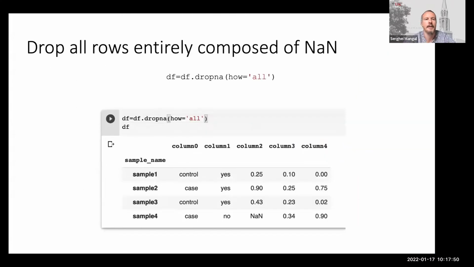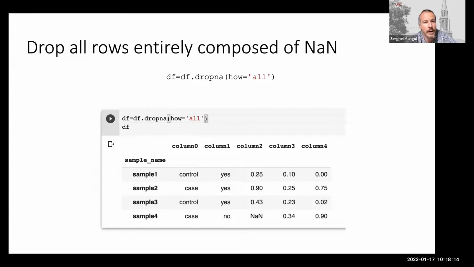And let's see. So drop all rows entirely composed of NA. This will be like this. df equal to df dot dropna. How? You ask, how do you want to drop? We want to drop all, meaning that if there is such a row which is composed entirely of NA, we'll drop it.